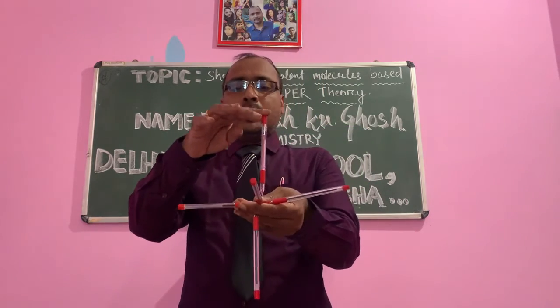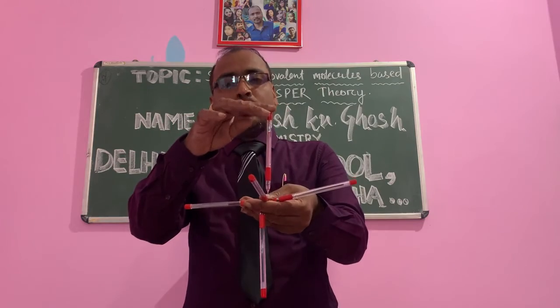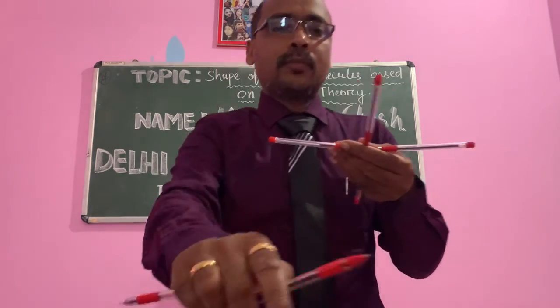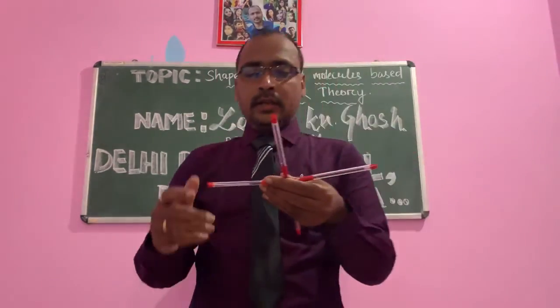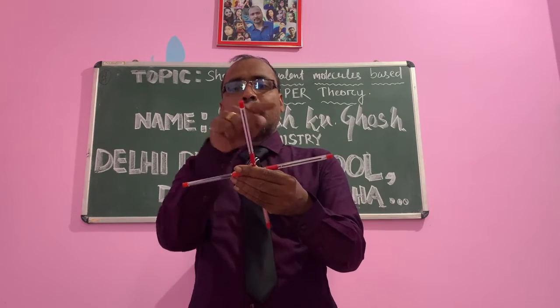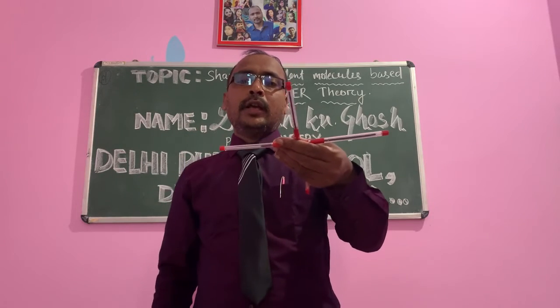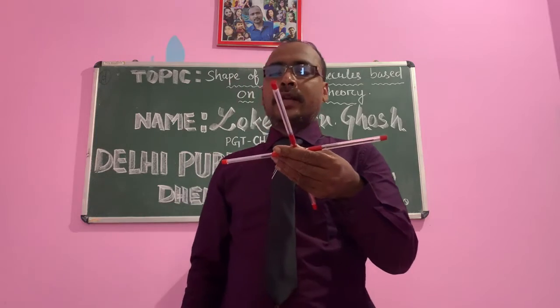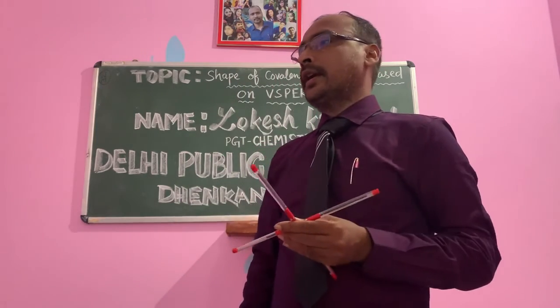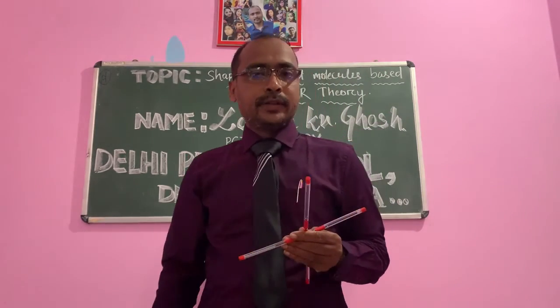This is octahedral. For AB4E2 type, you remove two axial bonds. You see, square planar. This is the AB4E2 type, having sp3d2 hybridization, and the example is xenon tetrafluoride.